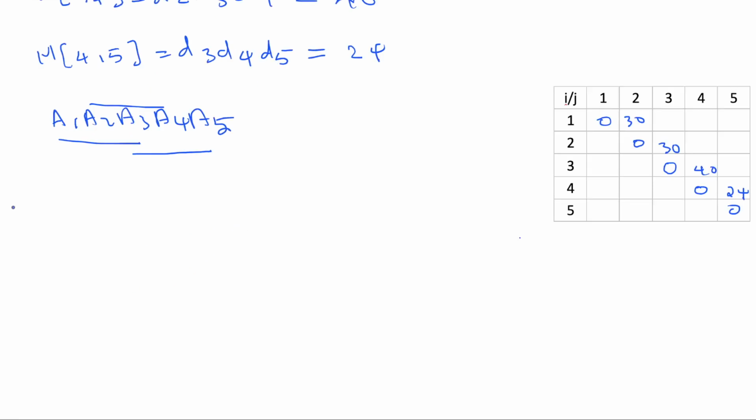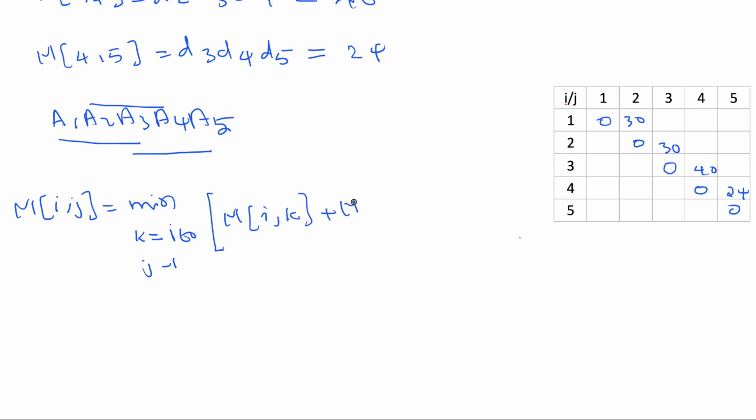We have the equation m of i,j equal to minimum over k from i to j minus 1 of m of i,k plus m of k plus 1,j plus d(i minus 1) dk dj.